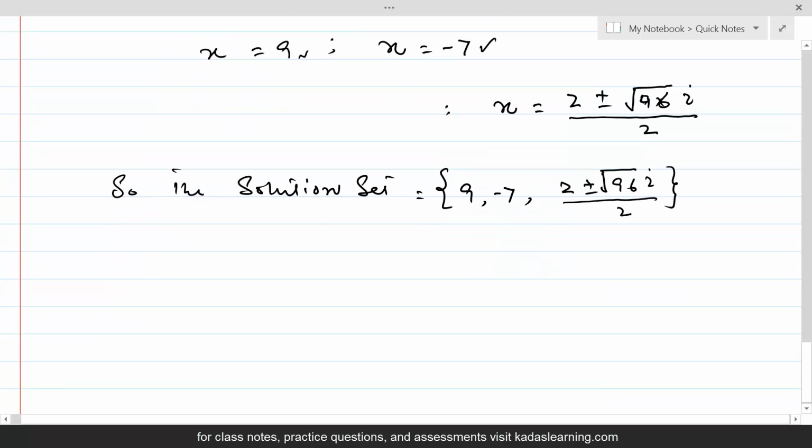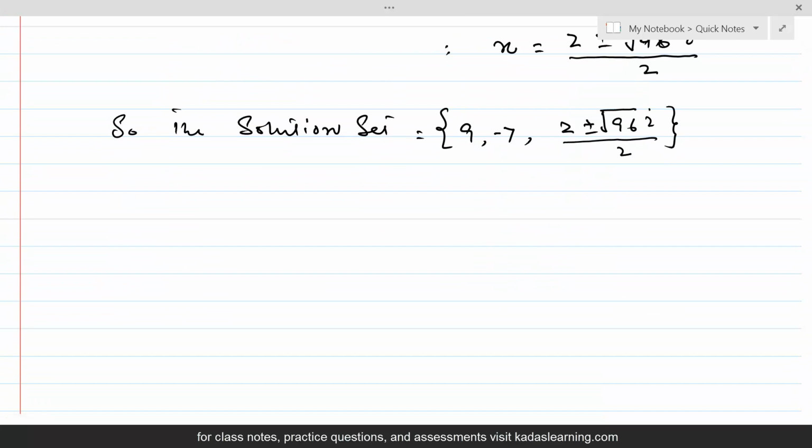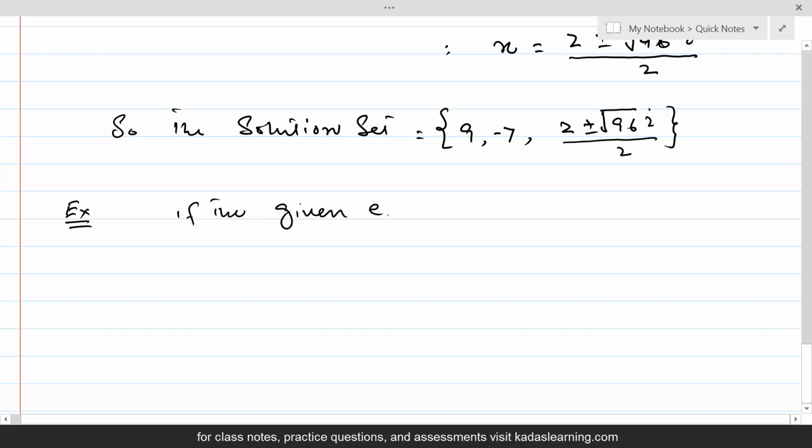Here we have another question, and in this question there might be a little bit of variation. So if you have example 2, if the given expression is x plus 1 times 2x plus 3, 2x plus 3 into 2x plus 5, 2x plus 5 into x plus 3.